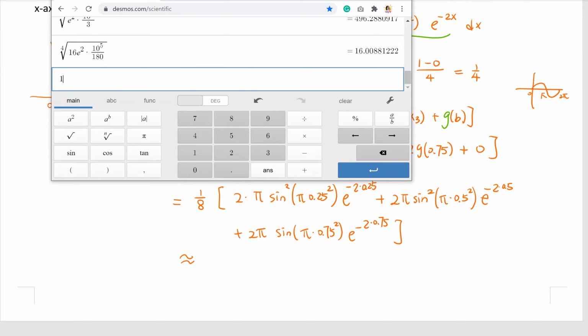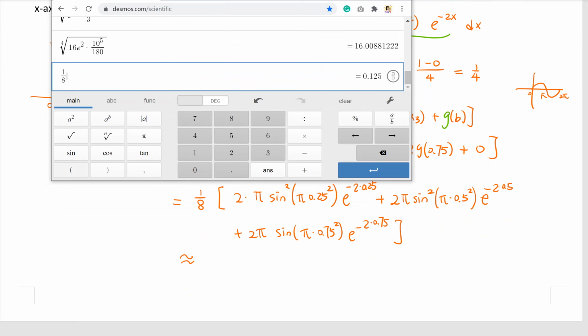Alright. 1 over 8, and then times 2 pi times sine squared, I forgot the square here, pi is inside, pi, and then times 0.25 squared, and the sine is also squared.